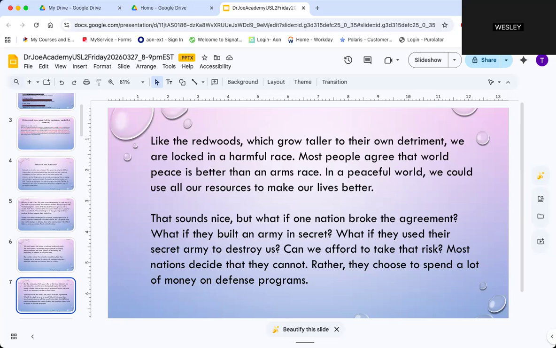But what if one nation broke the agreement? What if they built an army in secret? What if they used their secret army to destroy us? Can we afford to take that risk? Most nations decide that they cannot. Rather, they choose to spend a lot of money on defense programs.